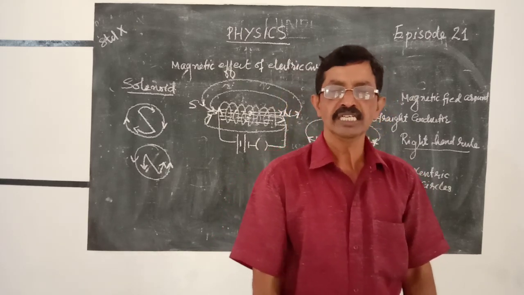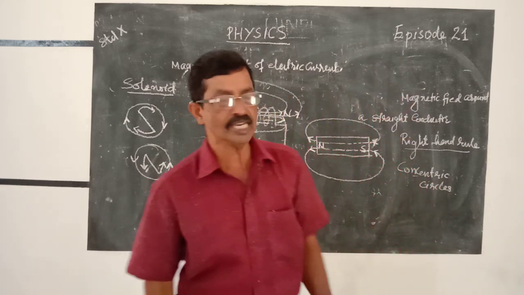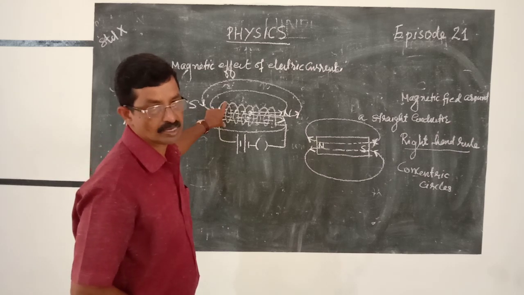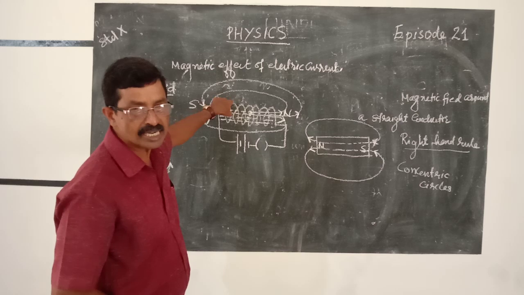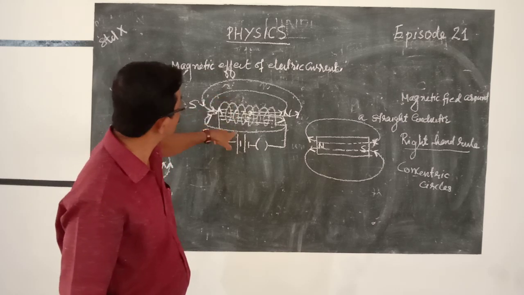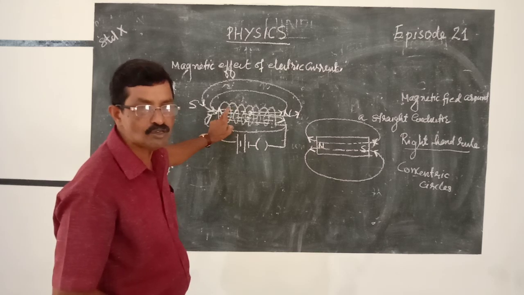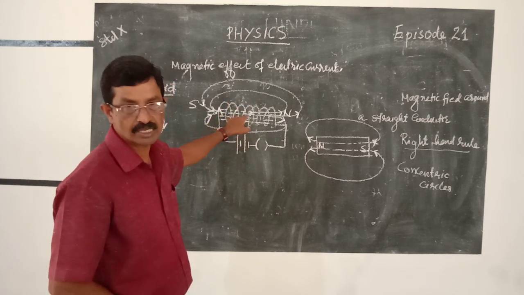That means the magnetic field is uniform within the solenoid. Uniform magnetic field is produced here.